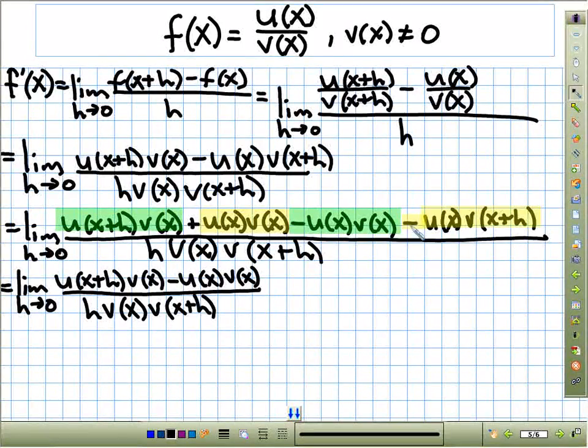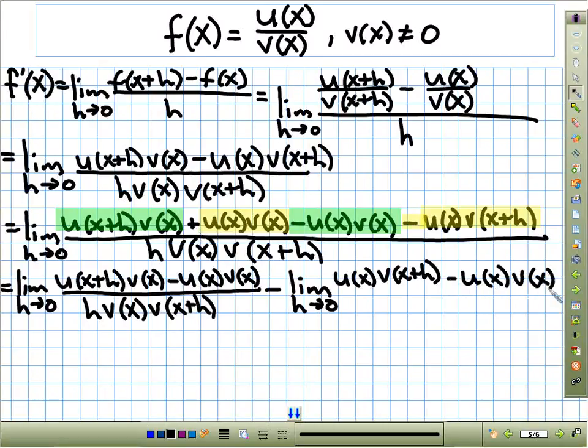So I'm going to factor out this negative, put a negative there, and then go ahead and rewrite this. The limit as h goes to 0. Now notice, I put this positive part first because remember I factored out the negative. So here we go, u of x v of x plus h, minus, now because I factored out the negative, u of x v of x. And once again, all over the denominator.